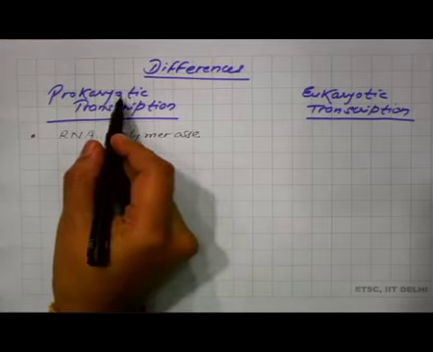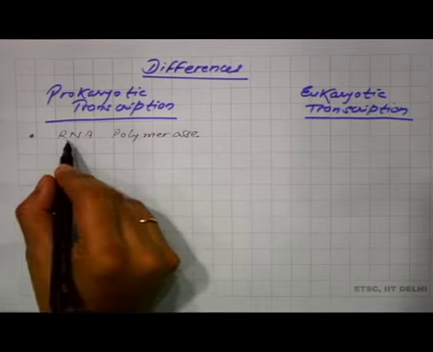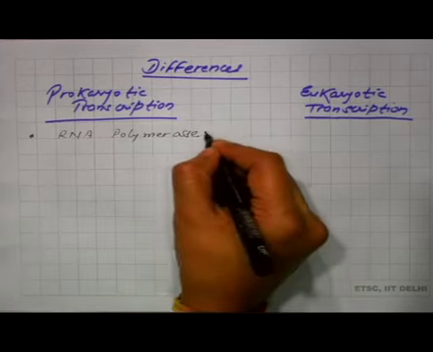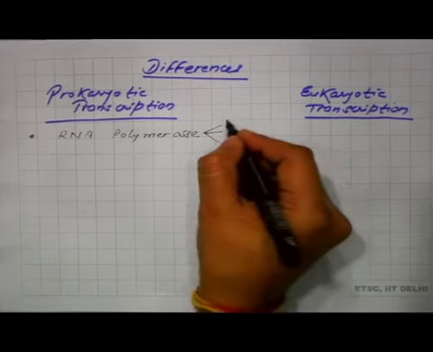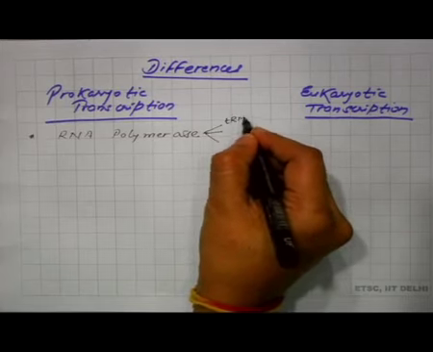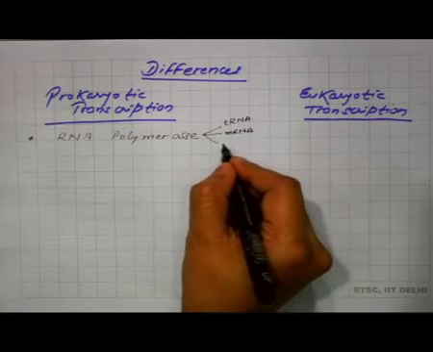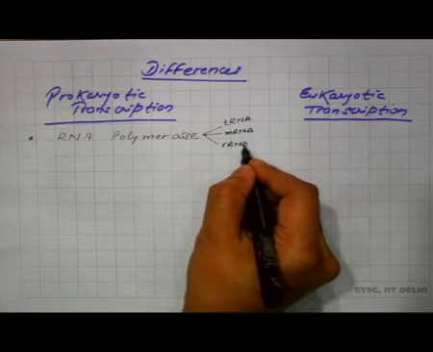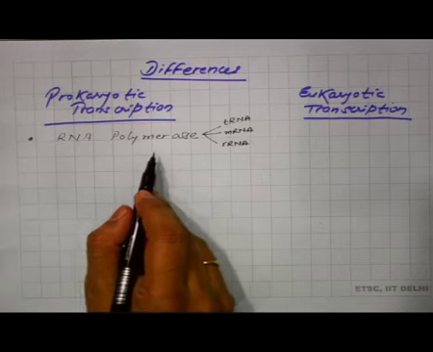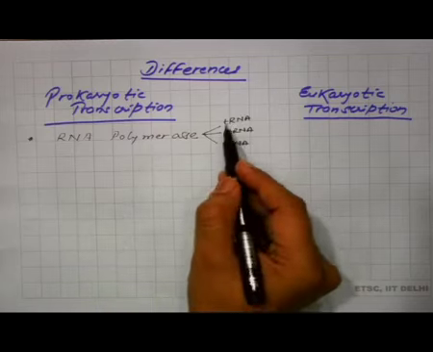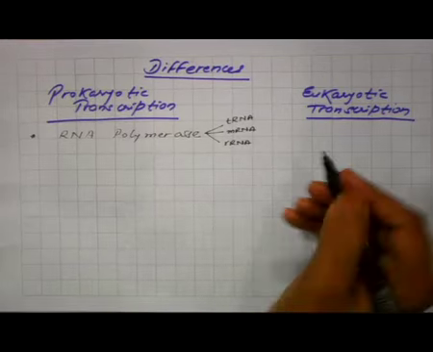In case of prokaryotes, there is just one type of RNA polymerase which can transcribe all the three types of RNA: transfer RNA, messenger RNA and ribosomal RNA.